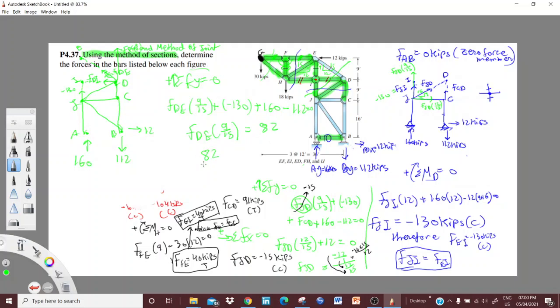So 82, instead of using the calculator, over 1 divided by 9 over 15. So 82 times 15 over 9. The answer is going to be equal to 136.67 kips.